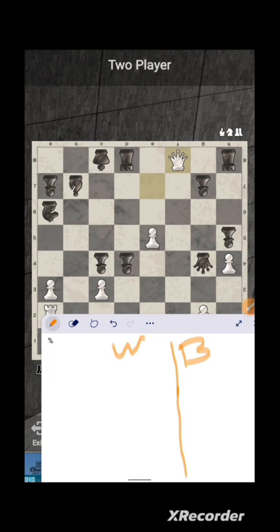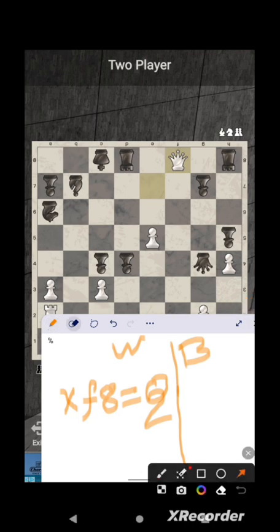So how are we going to represent it? Basically the square is f8, taking is represented with x, and equal to what we promoted the pawn to, queen, so Q. The pawn was from here, it has moved to f8 and promoted to queen.